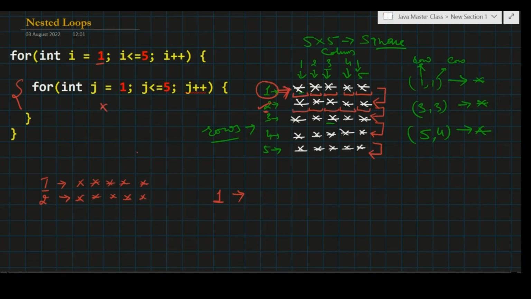So if I print my star over here, then for 1, all iterations of this inner loop will be done, and then we will go to the next loop. So what are the 5 iterations? When the value of i is 1, first iteration will be executed, and then we will be in this inner loop, and inner loop will start with 1. 1 is less than 5, condition is true, we will go into our code block and we will print our star.